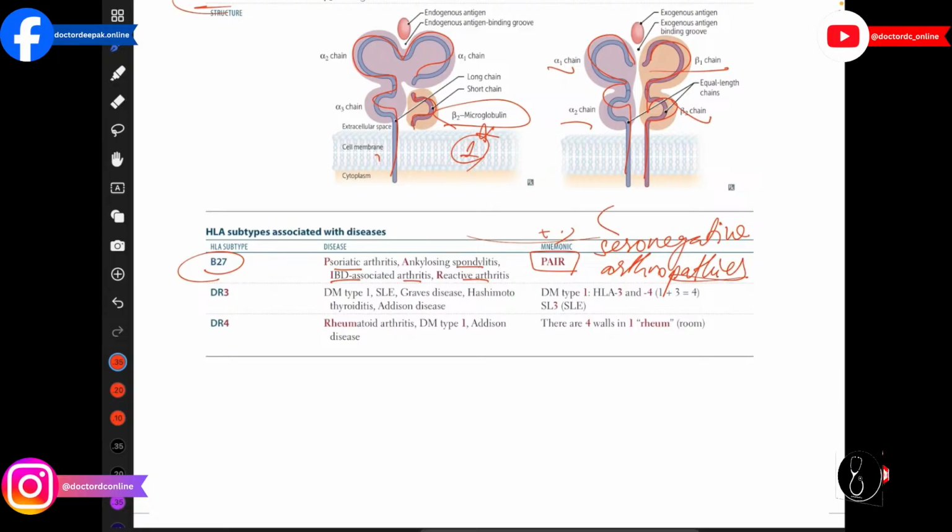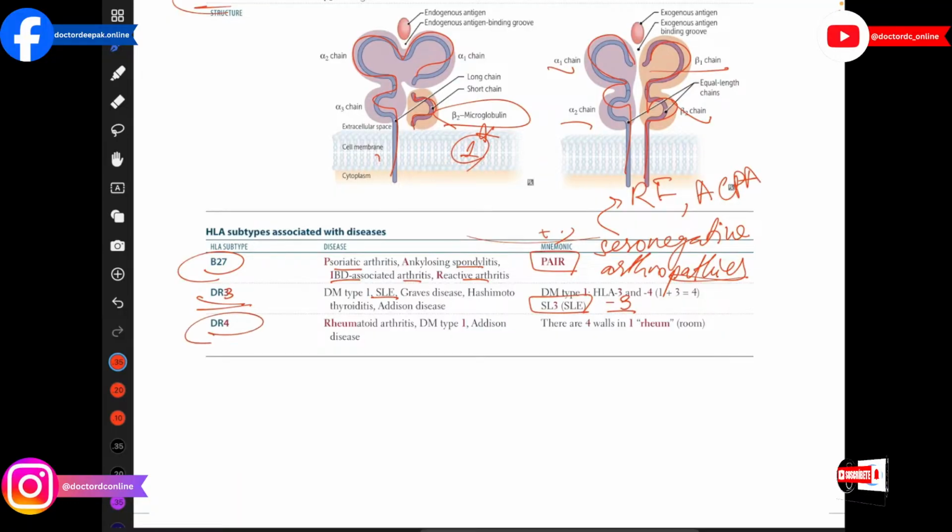Seronegative means they are absent of RF, rheumatoid factor, and ACPA, anti-citrullinated protein antibodies. Then DR3, most commonly, is like a 3. You have to remember SLE. Like E, if you make a reciprocal of E, then it looks like 3. So remember, DR3 is associated with SLE.